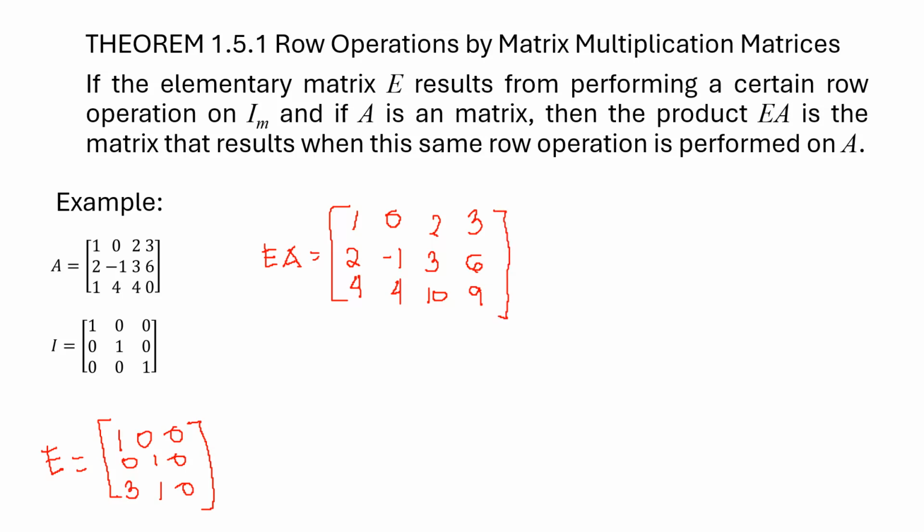We are just going to multiply the elementary matrix to A. In this case, this is actually the same matrix that results when we add 3 times the first row of the matrix A to the third row. So this is actually theorem 1.5.1.